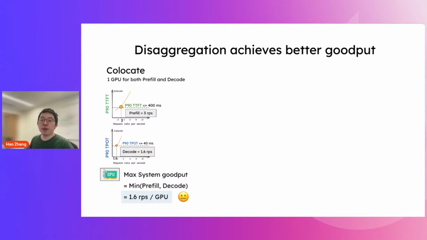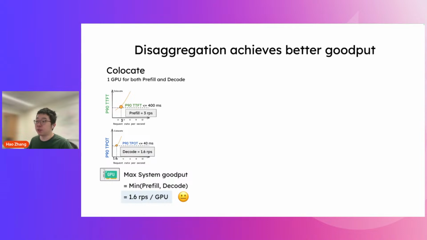Okay, and we can see from the upper figure that in this real profile, this system can support roughly 3 requests per second, right, that stay within the TTFT latency constraint using one GPU. Here the latency constraint is that we want 90% of the requests to have a TTFT that is less than 400 milliseconds. Similarly for the TPOT, based on this profile, it can sustain 1.6 requests per second.